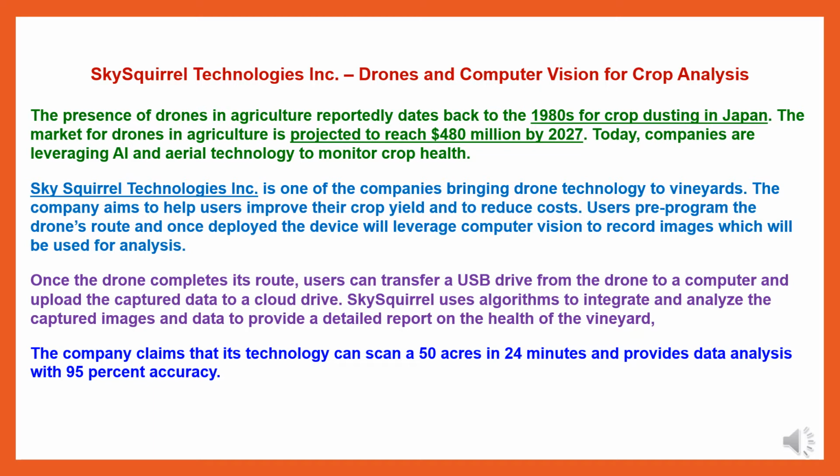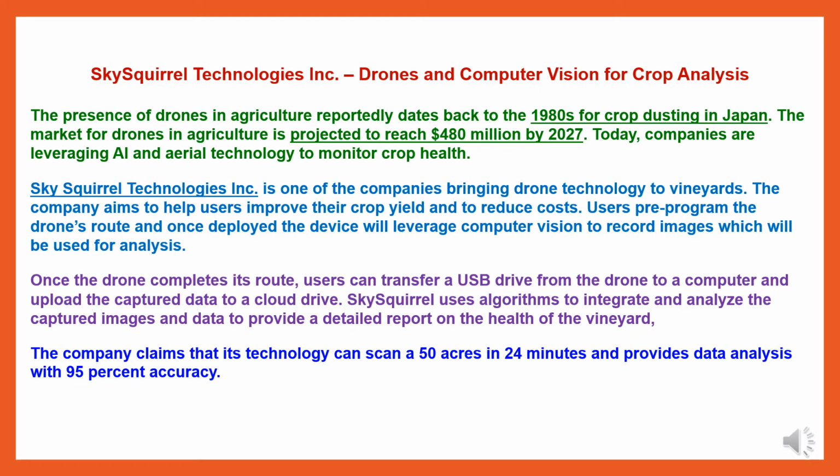Users pre-program the drone's route, and once deployed, the device will leverage computer vision to record images which will be used for analysis. Once the drone completes its route, the user can transfer a USB drive from the drone to a computer and upload the captured data to a cloud drive. Sky Squirrel uses algorithms to integrate and analyze the captured images and data to provide a detailed report on the health of the vineyard.